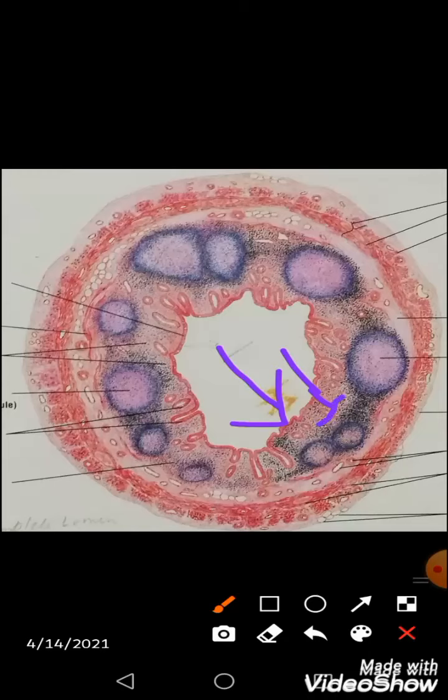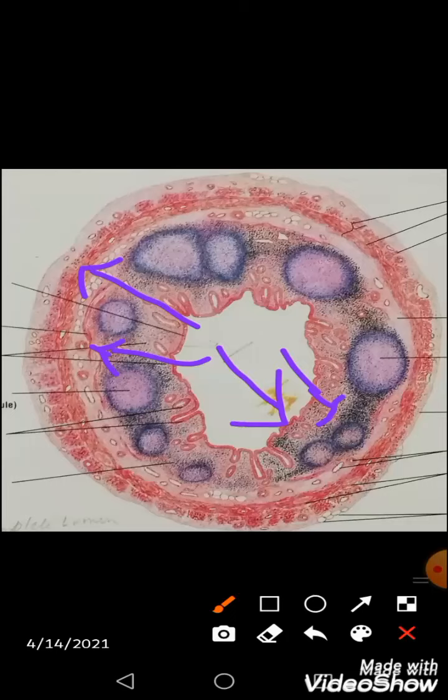Then you can see that the next layer to the mucosa is the submucosa. This is the placement of the submucosa. Then after that, the third layer you can mention is the muscularis externa, which usually represents a thick muscular layer, like the inner circular and outer longitudinal around these tubular organs.